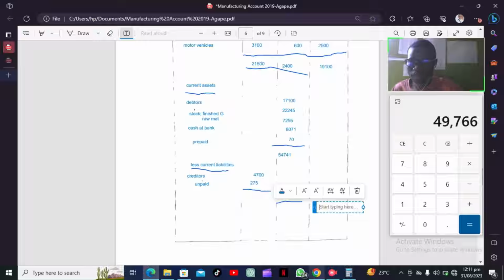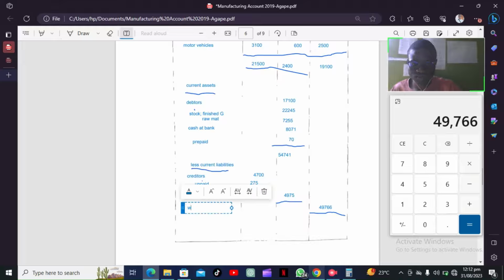So this is our working capital, which was 49,766. You can write it here, say this value that we found is our working capital.